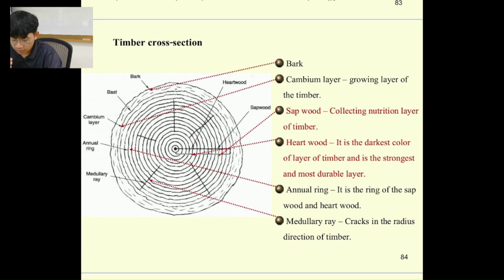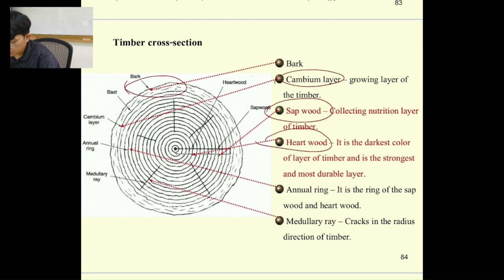Coming to the section of the timber, we normally use just two core zones of the wood, which are the sapwood and the heartwood. For the bark, we don't use it because it's just an outside shield, and the cambium layer is just the growing layer, so we don't use it.